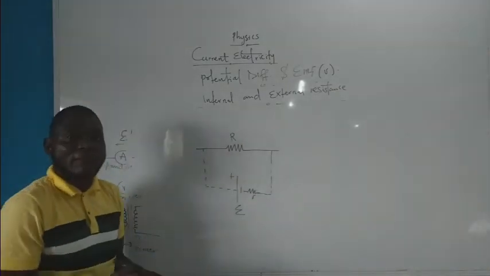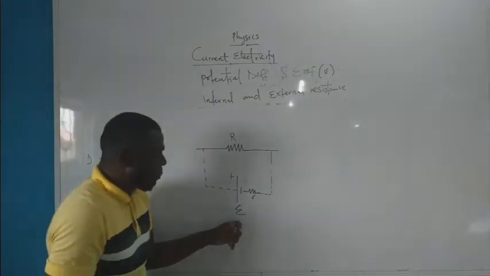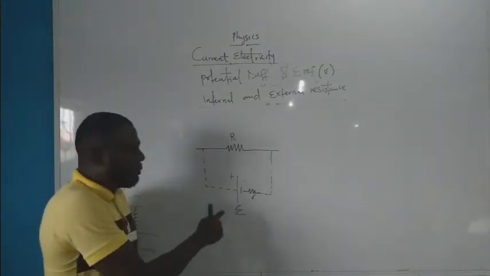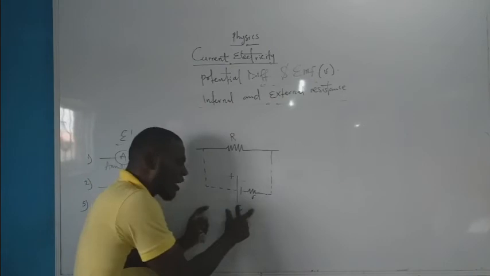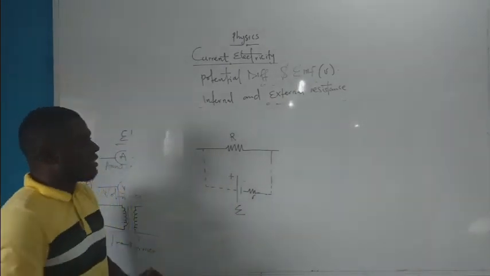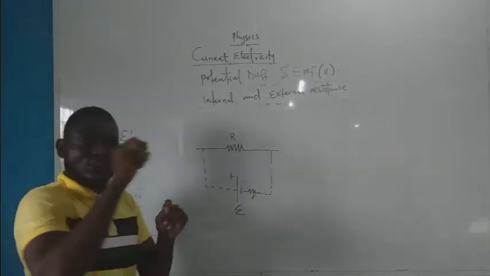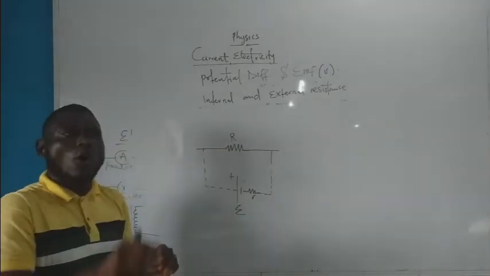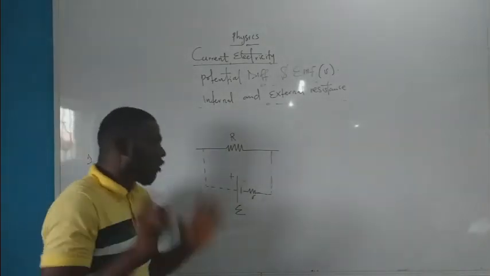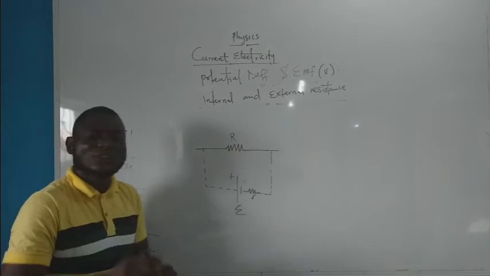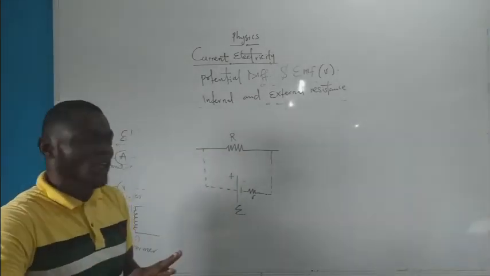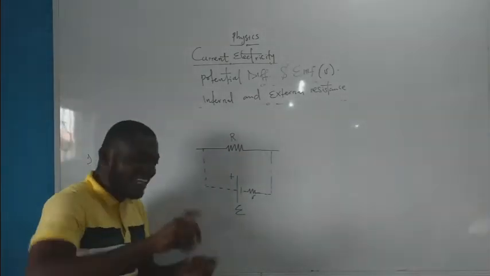The EMF is the voltage between the terminals of the battery or cell when current is not flowing, that is, when the circuit is not delivering any current.